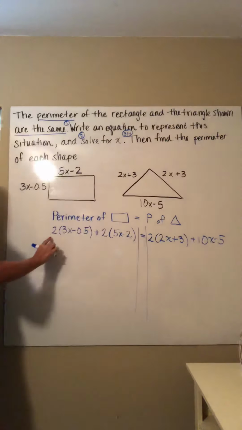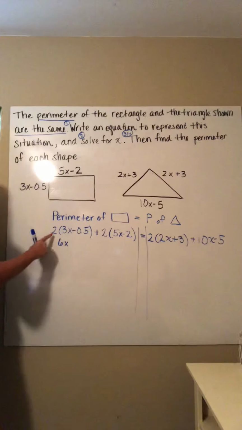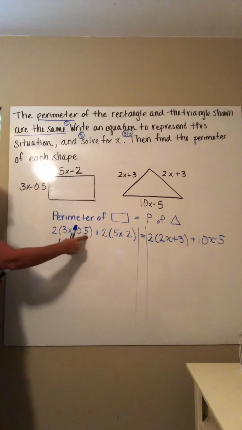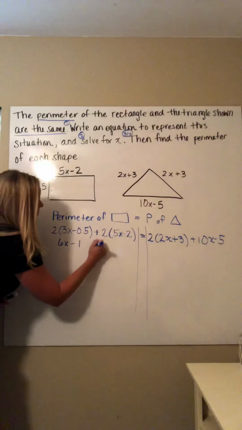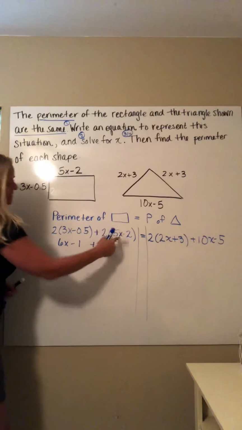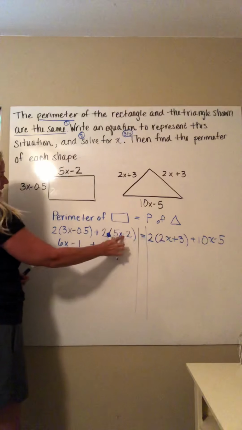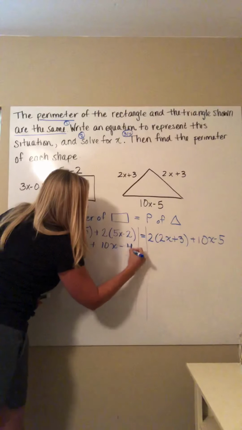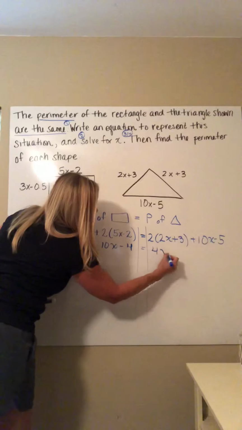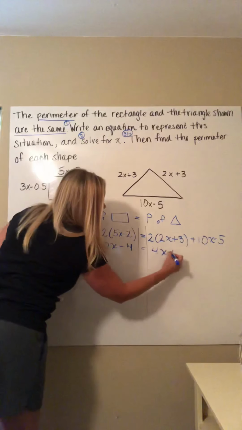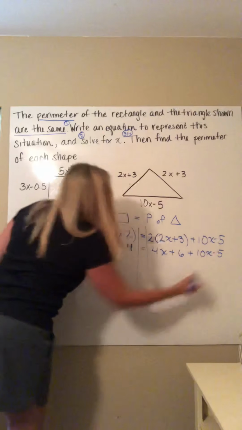So here we go. 2 times 3x is 6x. 2 times negative 5/10 makes 1 whole. 2 times 5x is 10x. 2 times negative 2 is negative 4. 2 times 2x is 4x. 2 times 3 is 6. And this has no distributive property. I'm just going to bring it down.